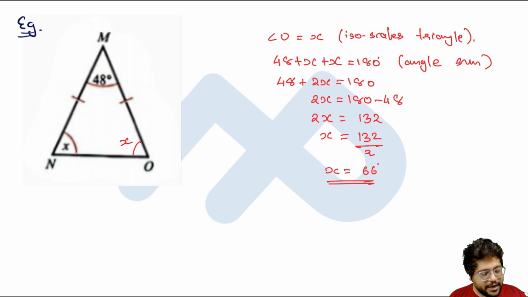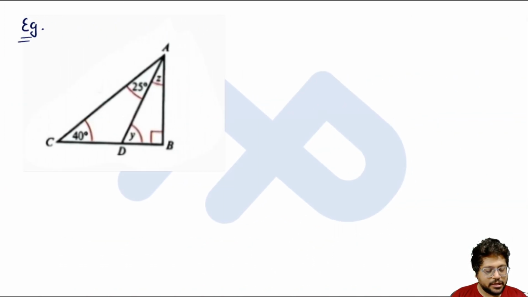Right? Let's see another example. Here the triangle ABC is given, which is a right angle triangle, and triangle ABD is also a right angle triangle. We want to find here Y and Z both. So see this thing, in the triangle ACD, this Y angle is an exterior angle, right?